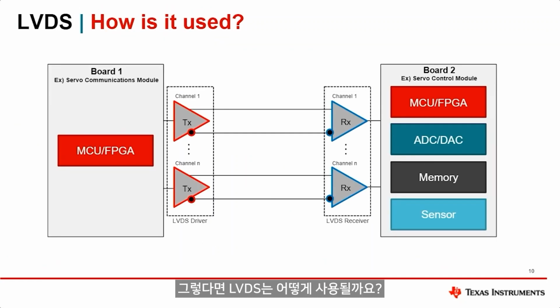So how is LVDS used? Well, LVDS is used most often for board-to-board communication. It enables you to have the benefits of differential signaling while being able to transmit at high data rates and very low power consumption. In most applications, this could be between 2 processors, or between a processor and a peripheral device, such as an ADC, a sensor, memory, and so forth.